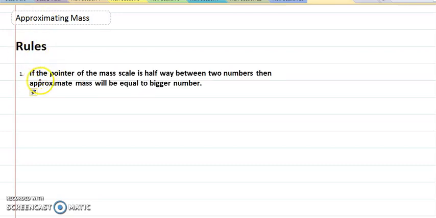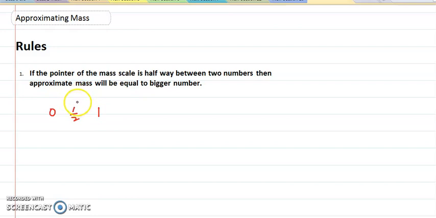The first rule is, if the pointer of the mass scale is halfway between two numbers, then approximate mass will be equal to the bigger number. Let's suppose we have two numbers that are 0 and 1. Now halfway between 0 and 1 will be 1 over 2.